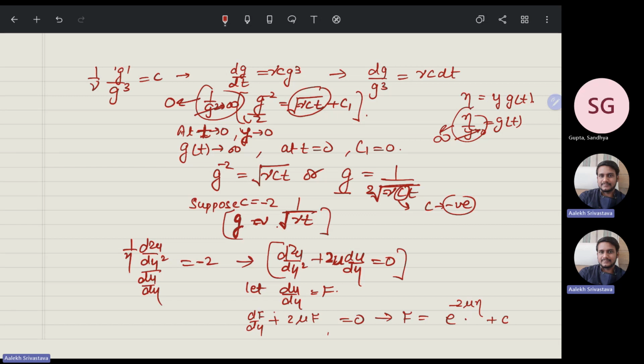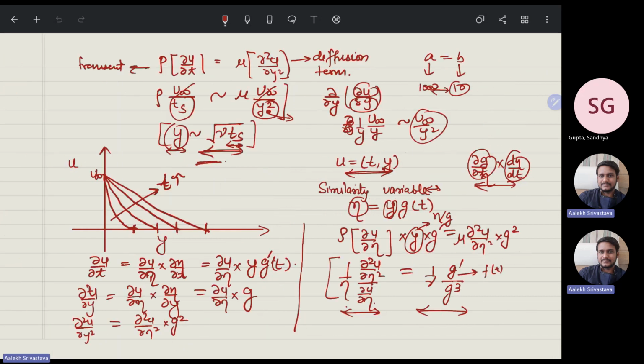Now, since del u by del eta is equal to f, it is the integration from 0 to eta of e raised to the power minus 2 mu eta, with some constant c1 plus c2. So this is your velocity profile, and this is your error function. You can simply look up the error function, but in this way you can solve.